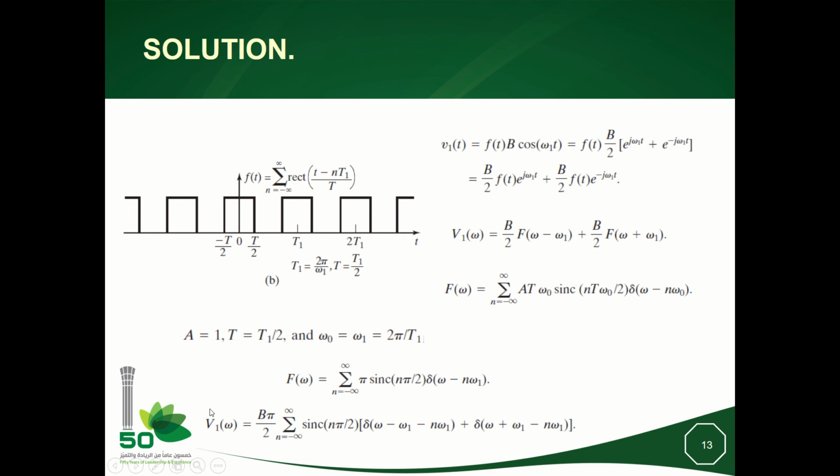And I have also to multiply it by b over 2. Okay, so b over 2 times the pi, and then I will have a sinc with delta delayed. Okay, so this is the expression of V1 of omega, which is the Fourier transform of the voltage across the resistance.